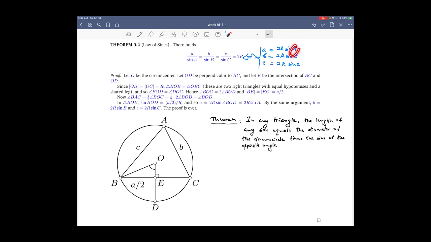As you see, capital A is the angle opposite to lowercase a. This is lowercase a. This is capital A. This is capital B. Angle B, this is lowercase b.